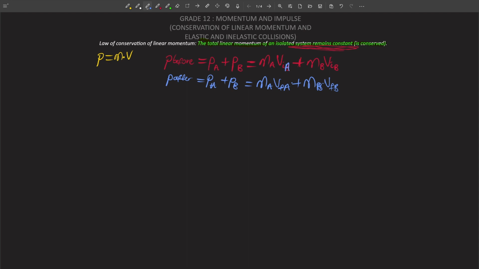This is momentum before collision and momentum after collision.